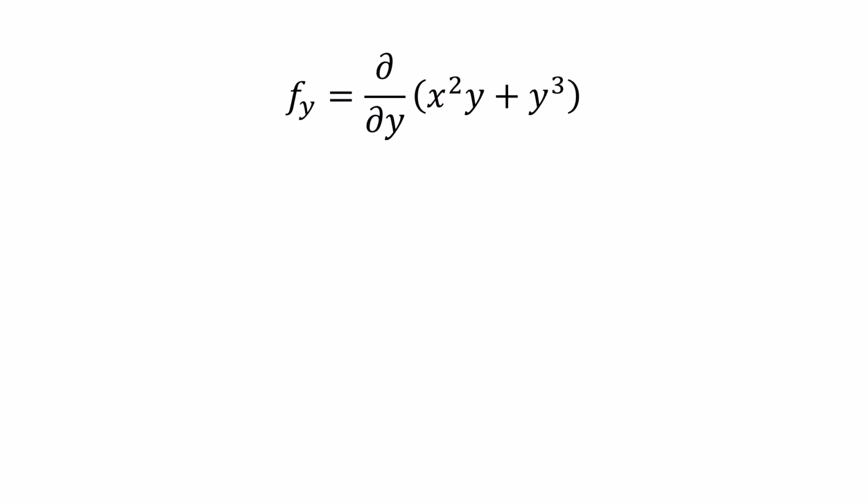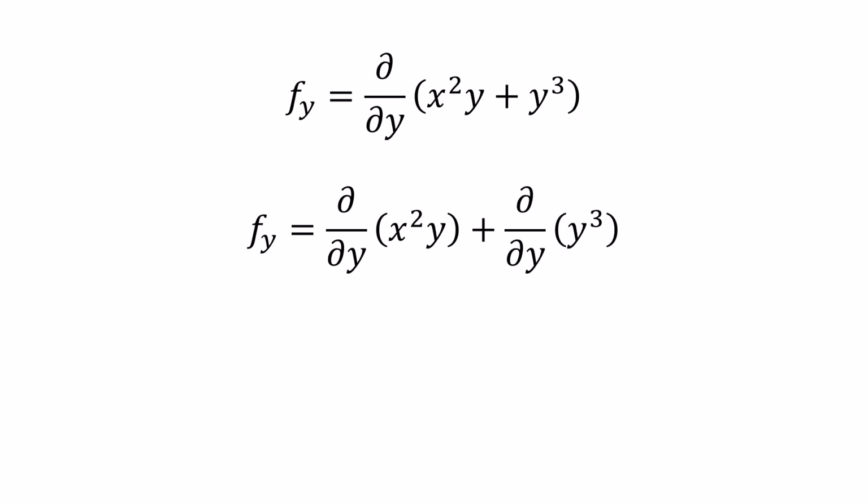Next, we find the partial derivative with respect to y. We begin by applying the sum rule to obtain f_y = d/dy of x²y + d/dy of y³.